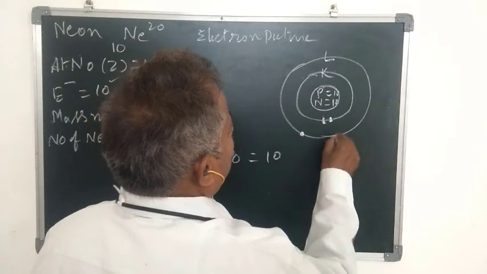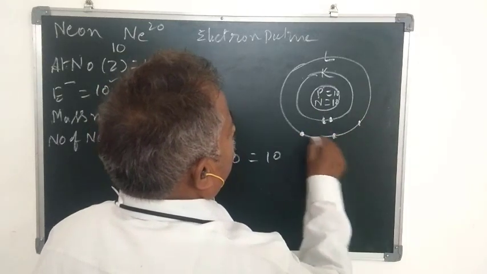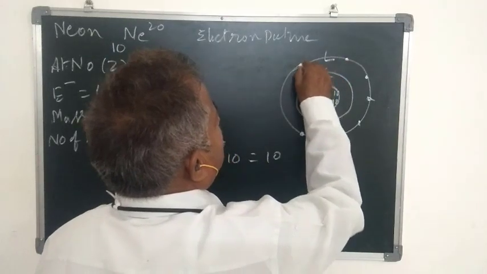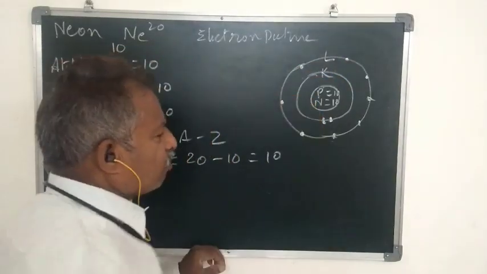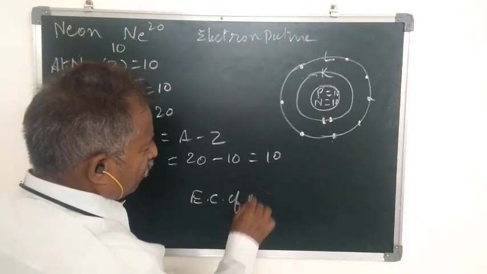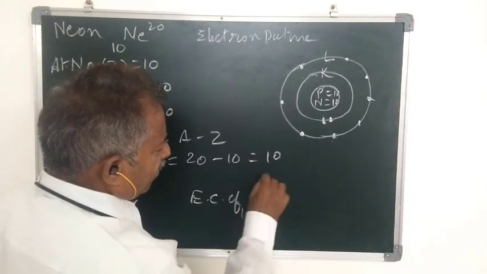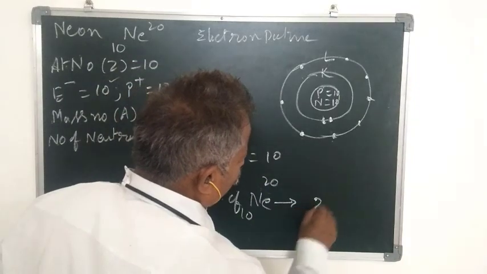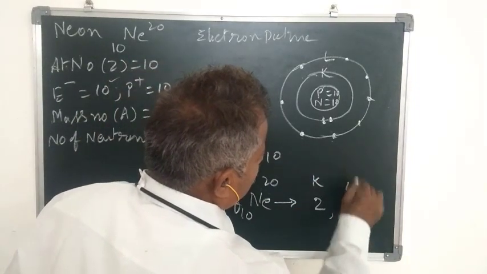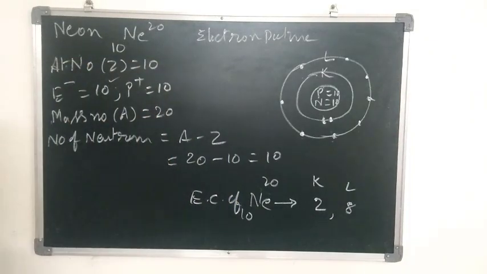So 8 electrons. Now the electronic configuration of neon-10-20 is 2 electrons in K shell, 8 electrons in L shell. Okay.